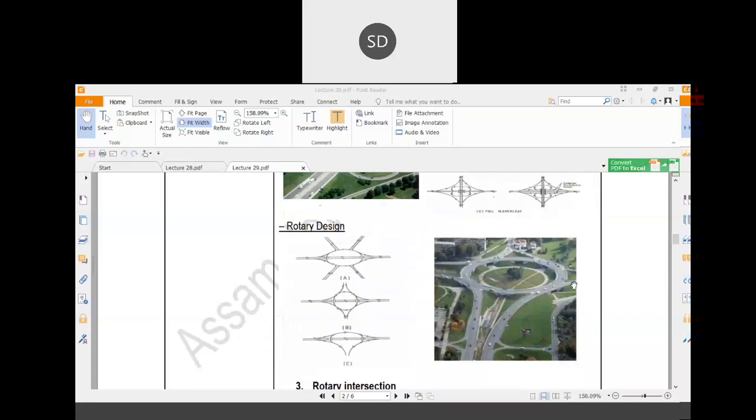Then this is a rotary design for the grade separated intersection.